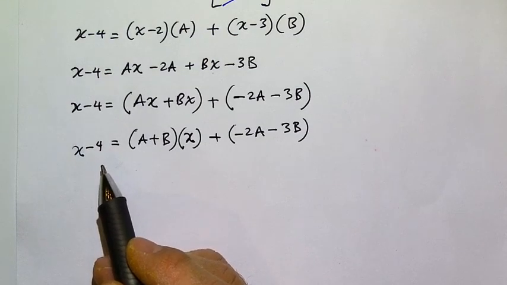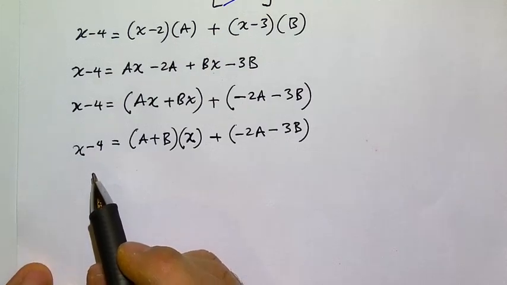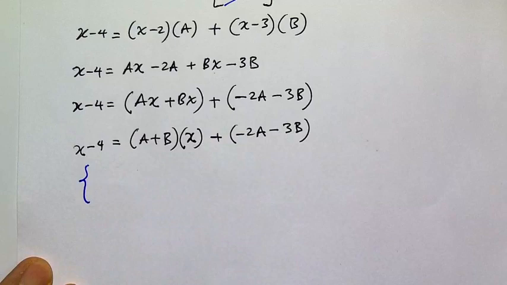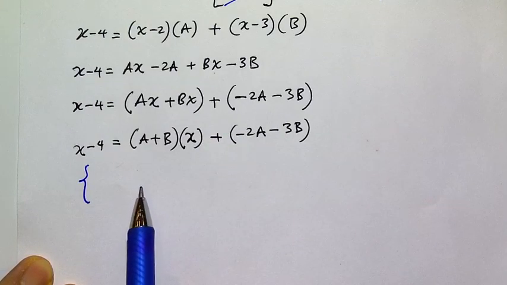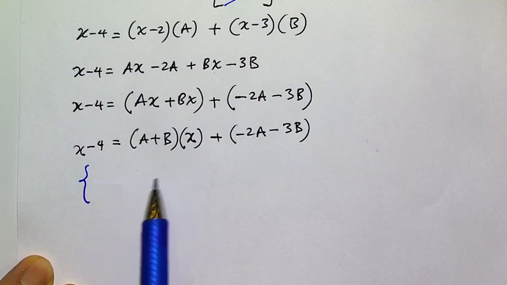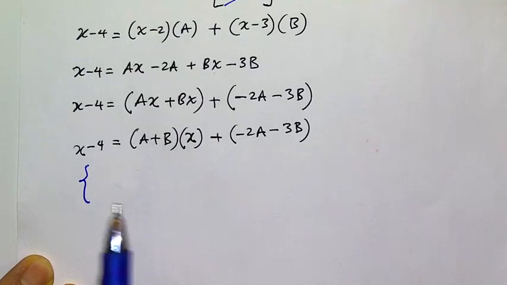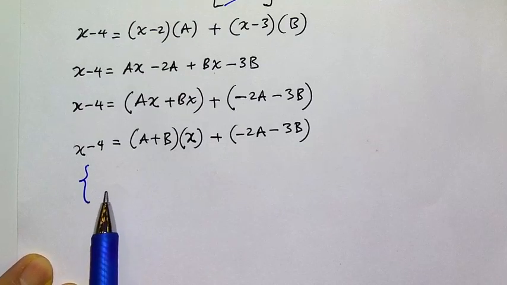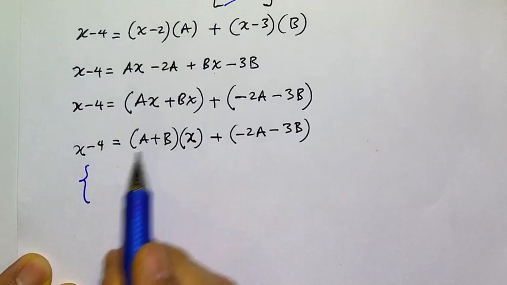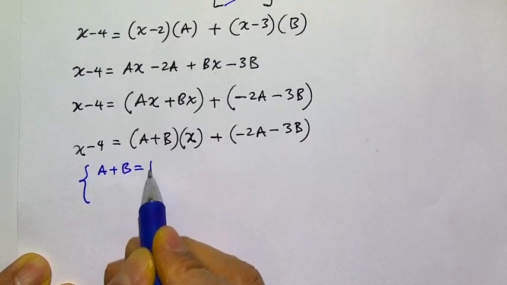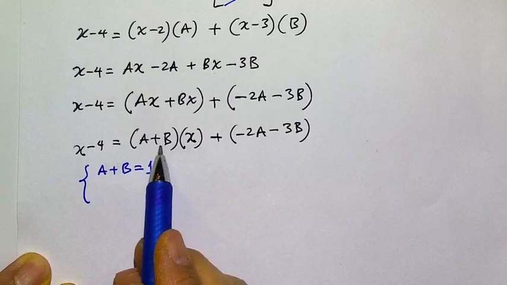So I'm going to write a system. In the list of skills and techniques we needed to recall to understand partial fractions, one of them was solving systems, right? Now you see why I listed that. So a plus b must be equal to 1. I hope you see why I'm saying this.